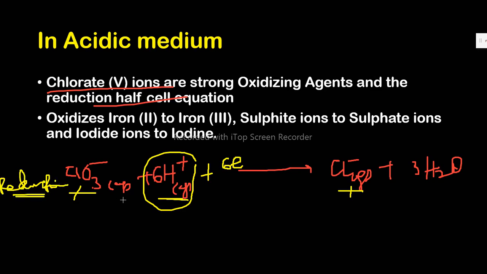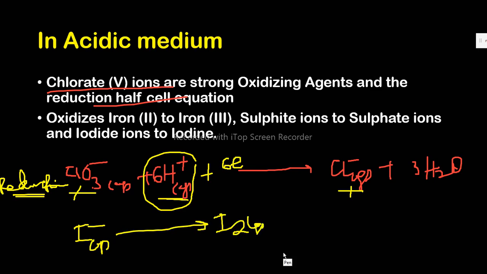Maybe if you are reacting it with another compound, say iodide ions, the iodide ions will undergo what we call oxidation. They will be oxidized to iodine, and this is in aqueous solution.